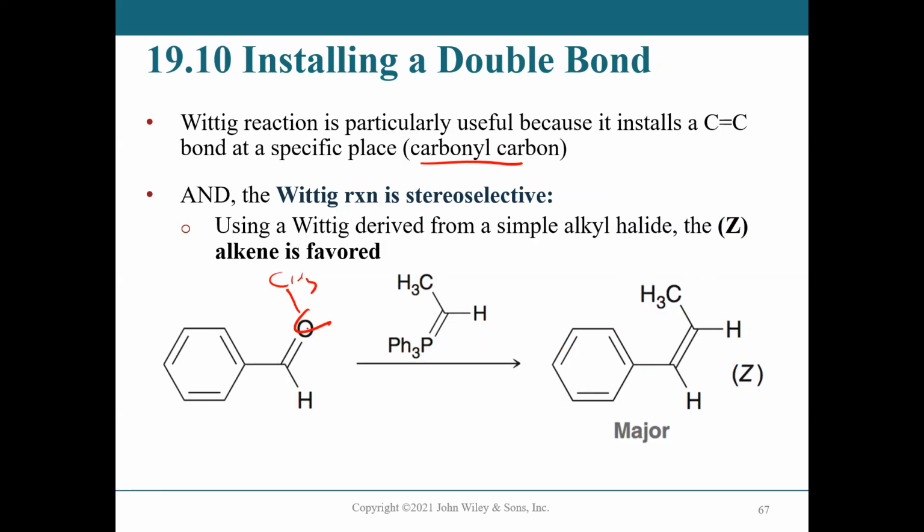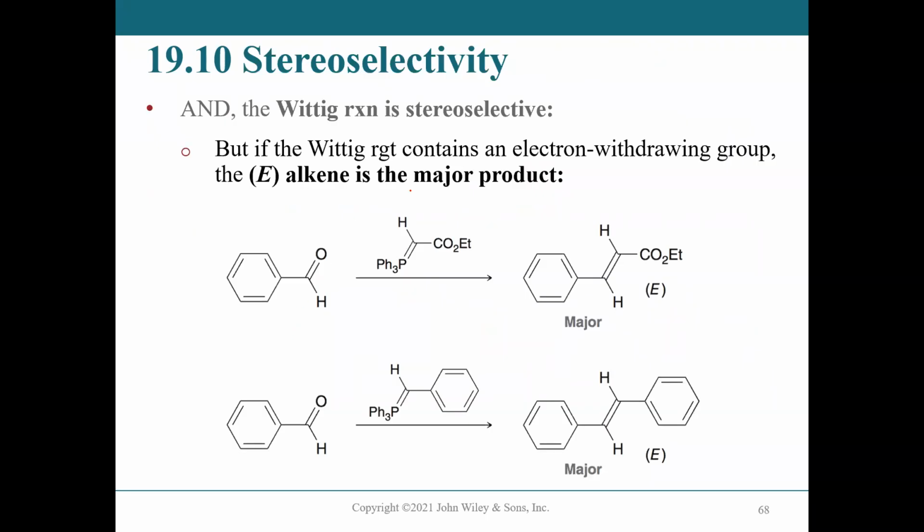So we're getting rid of this oxygen, we're exchanging it for a carbon. It says, but if the Wittig reagent contains an electron withdrawing group, okay, we have an electron withdrawing group right here, the E alkene is the major product. So it depends on what type of group you're putting on here.